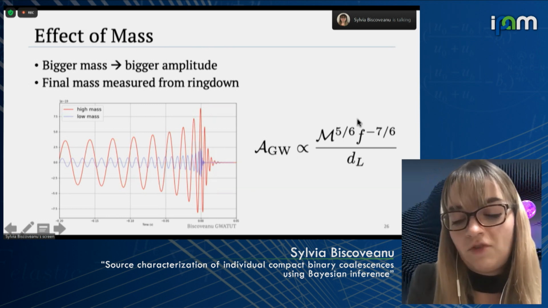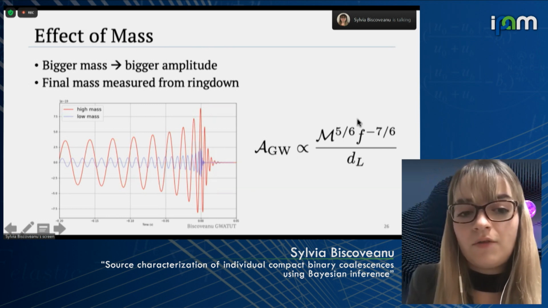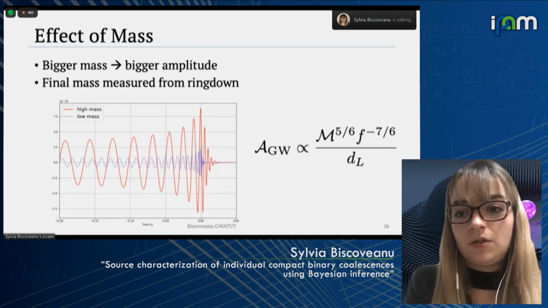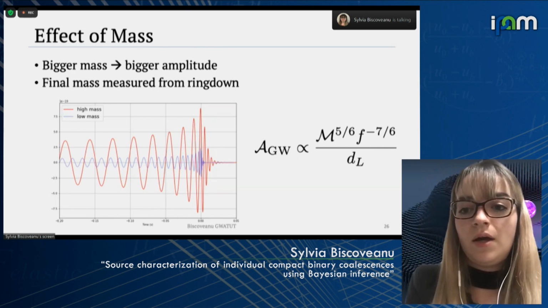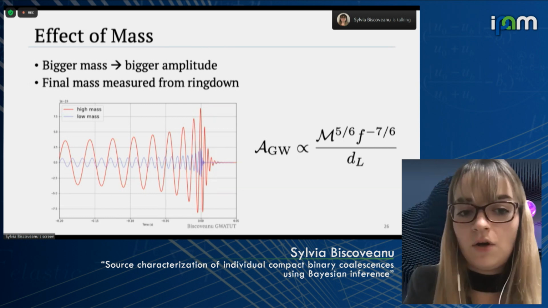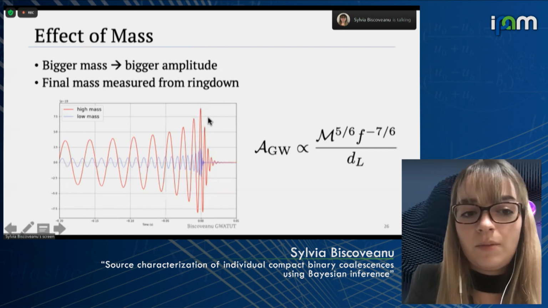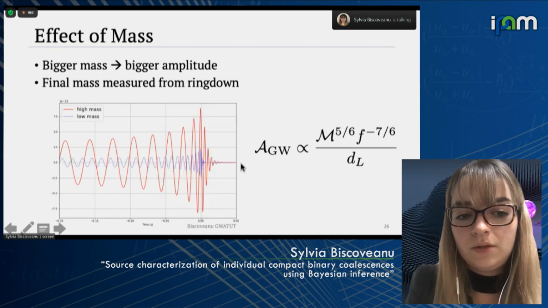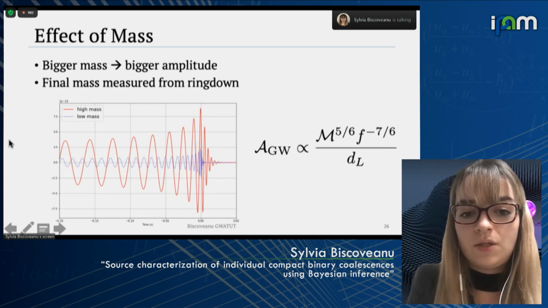So the final black hole that forms after the merger will be slightly perturbed, and it will ring down like a bell, emitting gravitational radiation primarily at one frequency via a damped sinusoid, but then also in a series of overtones. And so the final mass is measured from the ring down part of the signal that we see, and the chirp mass is measured very well from the in-spiral.